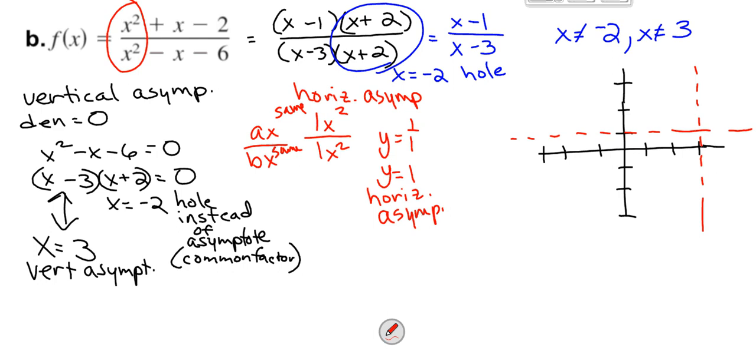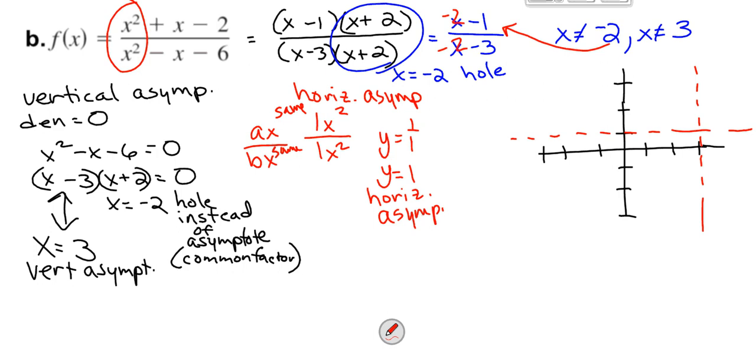And to figure out where that hole is, I can in my head think about putting in a -2 here and a -2 there, and that'll be -3 over -5, so it'll be 3/5. So someplace along here is going to be a hole.